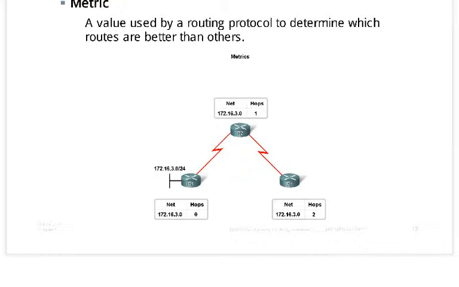That's why the metric doesn't necessarily have to be the number of hops. For the first routing protocol that we will study, which is RIP version 1 and version 2, they use the number of hops, which is simple. It's very simple to maintain and calculate. However, it's not necessarily the best way of calculating the metric. Okay?